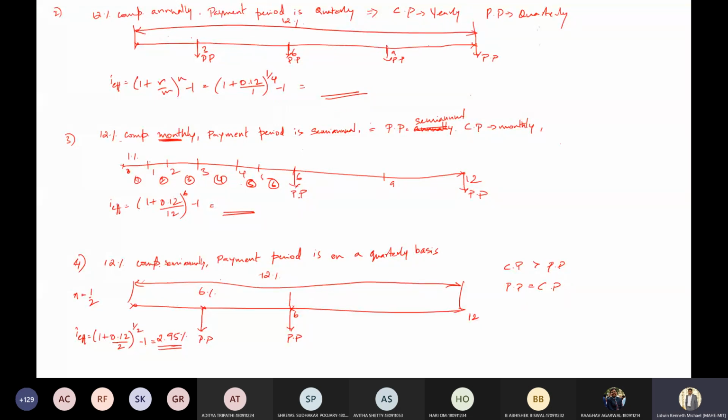So I guess this is sufficient. I don't know how many different scenarios I have given, but if you are clear with this, your I effective calculation, then need not worry. You have to just apply it in the formula, start solving.